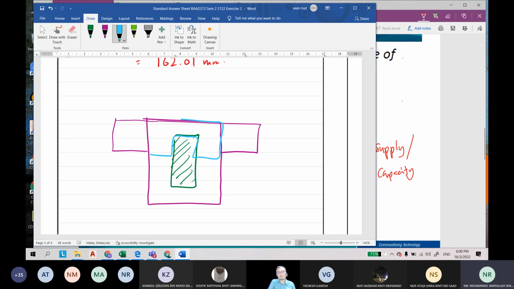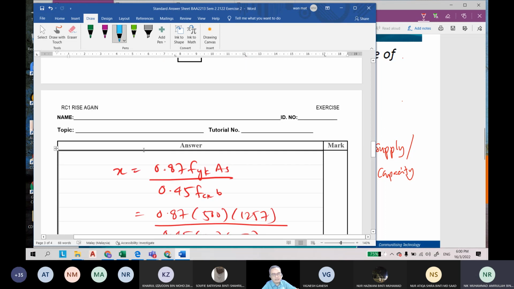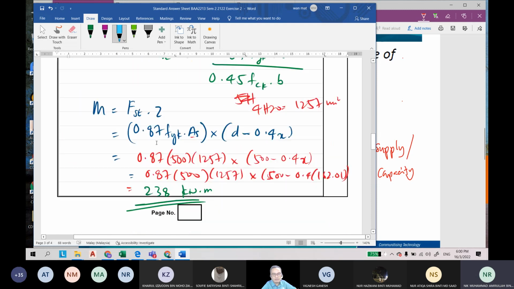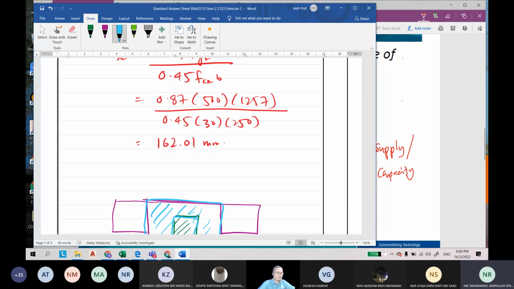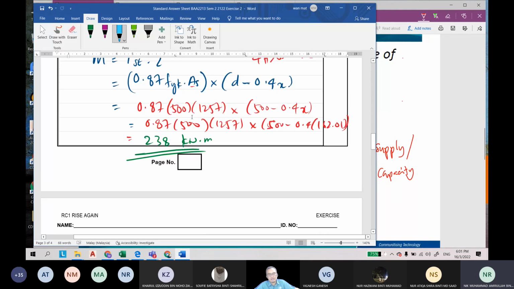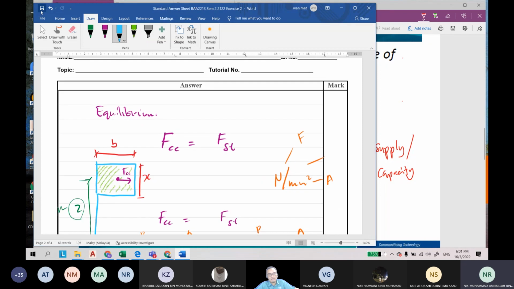If there is no void, the case is simple: B times X is equal to area of steel. So it's okay. I will give the exercise by tomorrow morning, inshallah. I must do it first so I can release the exercise to you.